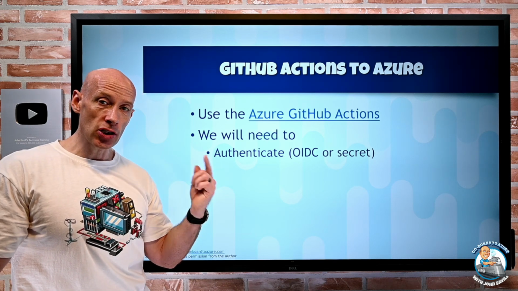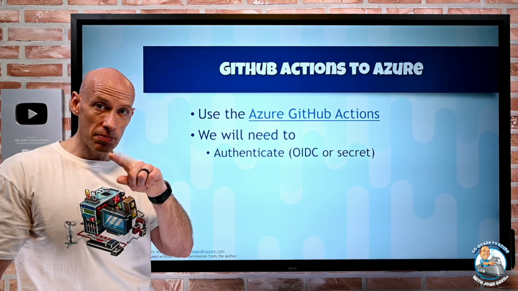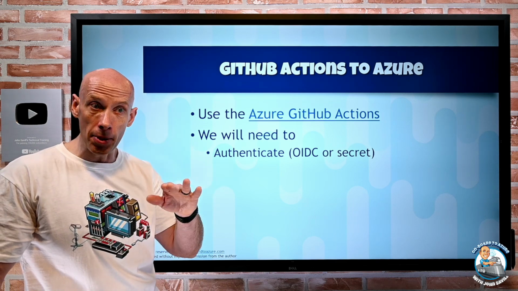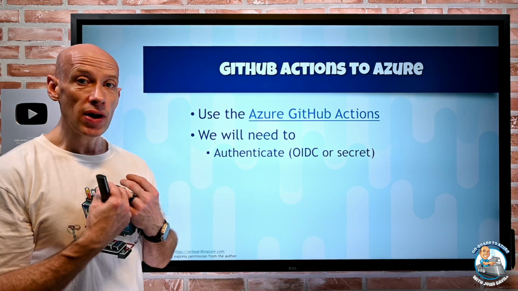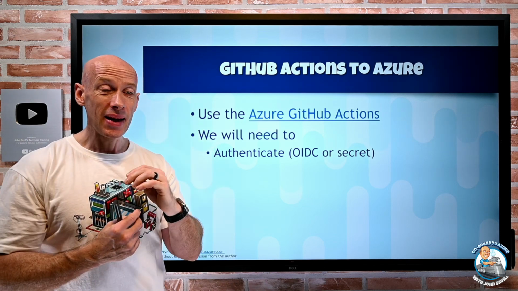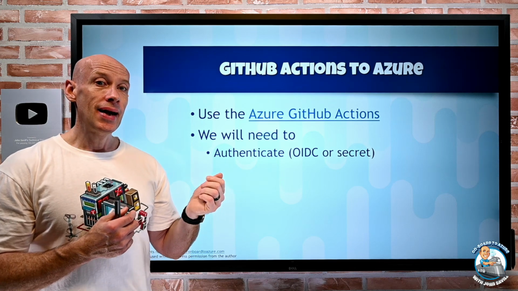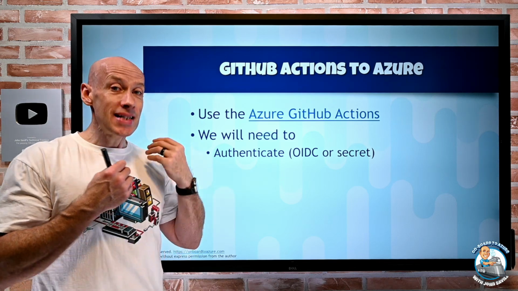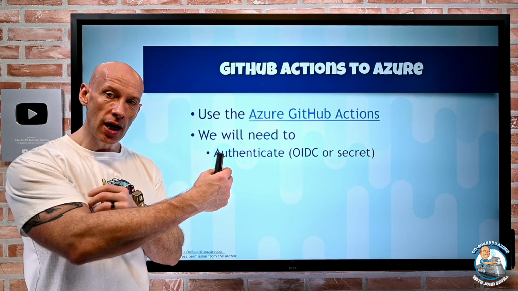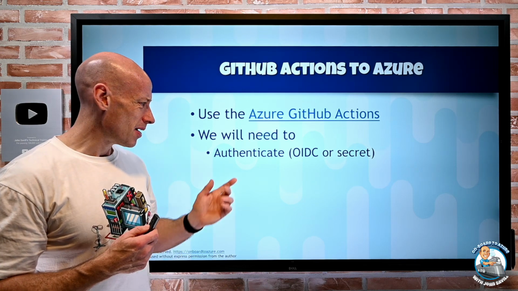I can create an external OpenID Connect connection to that GitHub particular branch or environment. And GitHub will give a token to my GitHub Actions workflow. And it says, hey, here's who I am. I'm from GitHub. Can you give me a token? And Azure AD will give me an Azure AD token exchanged for my GitHub token. So there's no secret anywhere. We'll see that in a second.